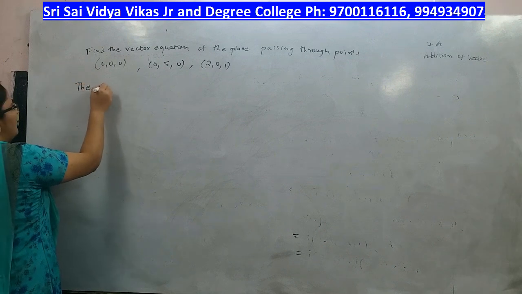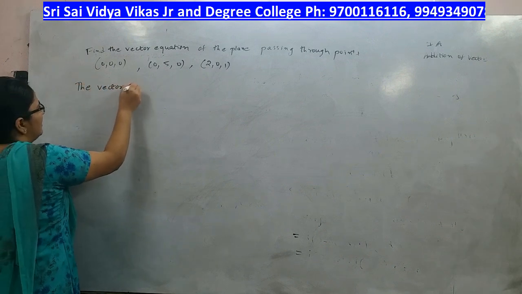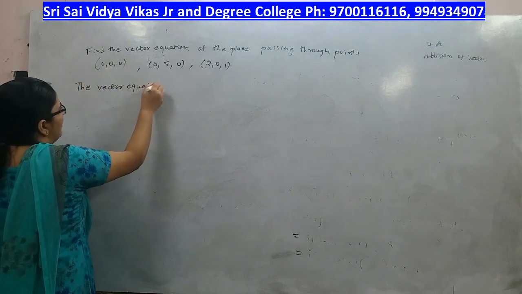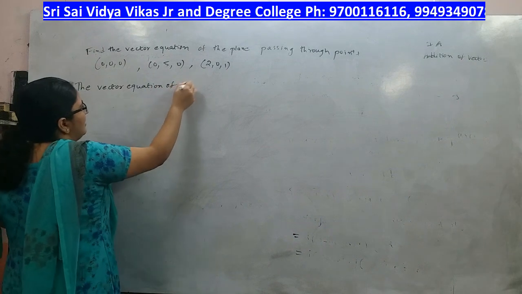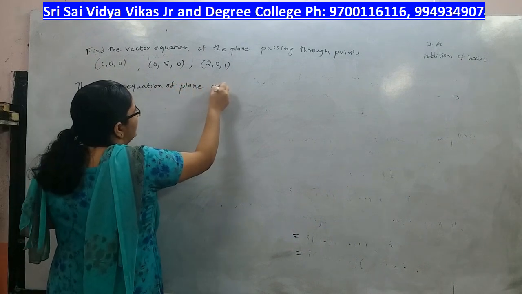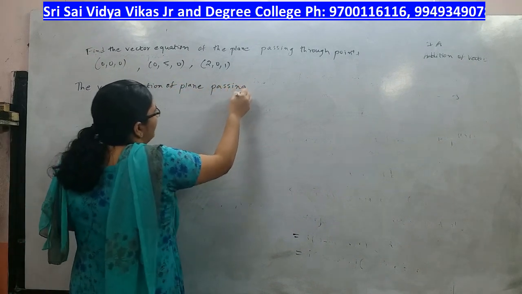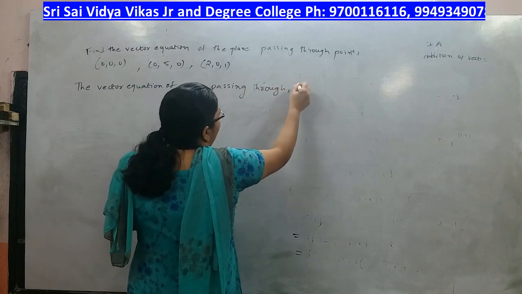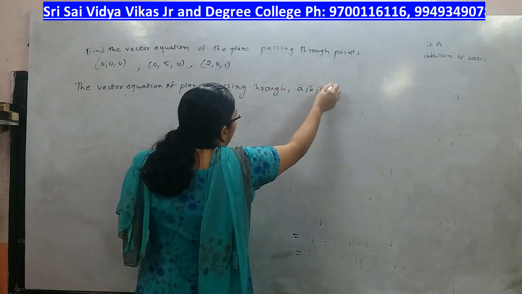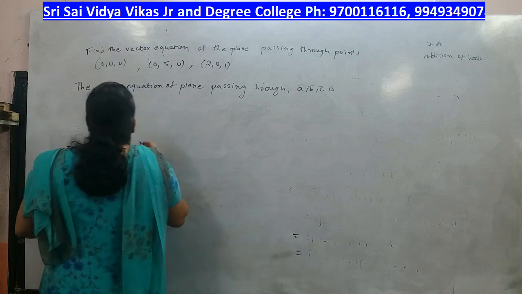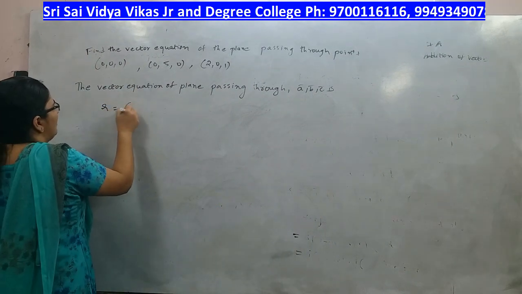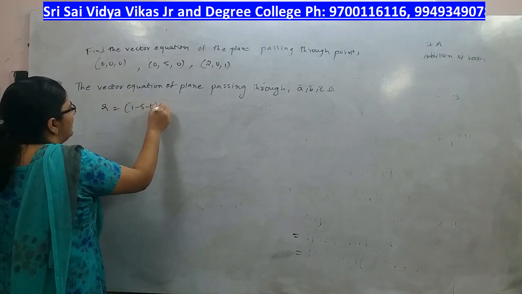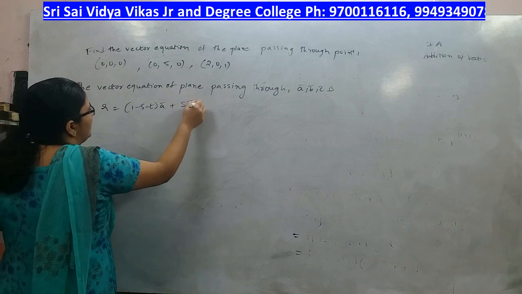The vector equation of a plane passing through A bar, B bar, C bar is R bar is equal to (1 minus S minus T) A bar plus S B bar plus T C bar.